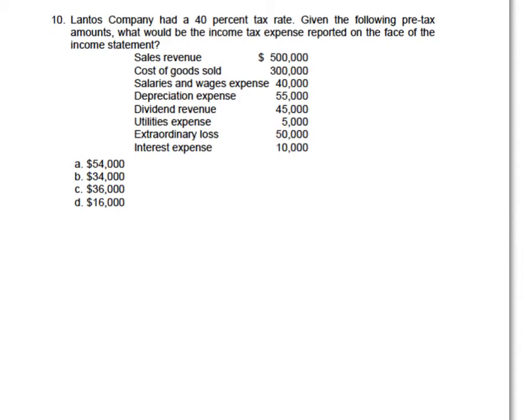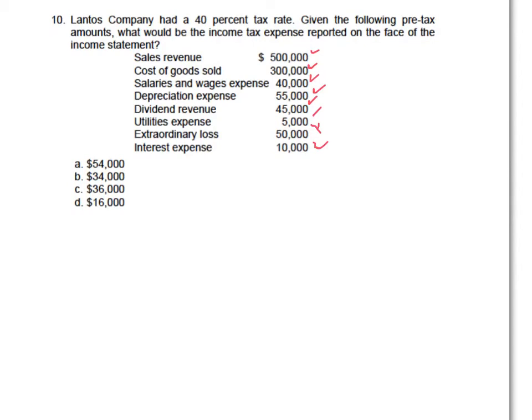So we're going to include cost of sales and cost of goods sold, salaries and wages, depreciation expense. We're going to include dividend revenue. We're going to include utilities expense. We are not going to include extraordinary loss because that's shown separate, and we will include interest expense.